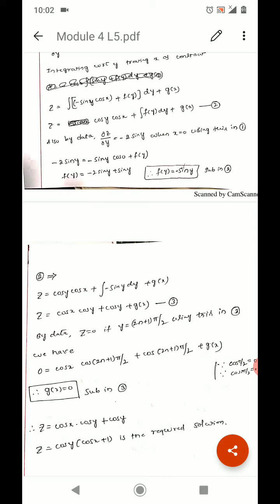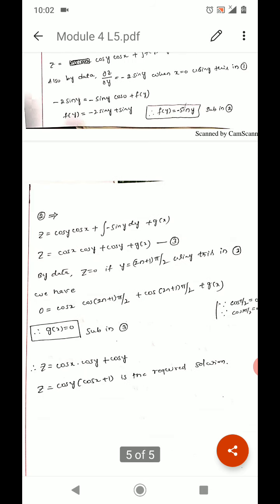Therefore here, cos of odd multiple of pi by 2 is 0, cos pi by 2 is 0, therefore g of x becomes 0.